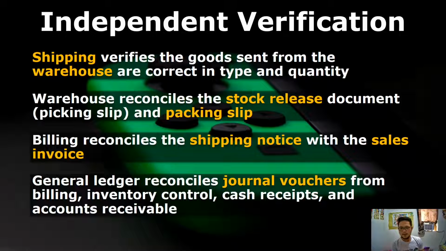The billing will reconcile shipping notice and sales invoice in order to verify whether tama ba ang na-invoice natin versus kung ano ang na-ship natin. And of course, general ledger will reconcile journal vouchers from billing, inventory, cash receipts, and accounts receivable kung nagko-coincide ba ang movements in the receivable and cash collection.